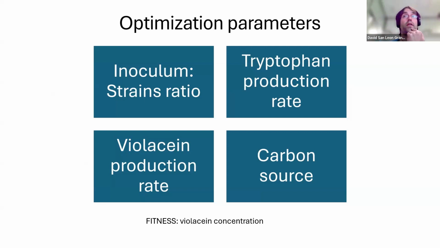The second one is the tryptophan production rate, because of course we don't know which is the best rate for production to keep the system stable. Again, violacein production and the carbon source that we wanted to use. And for the fitness, we used the violacein concentration.